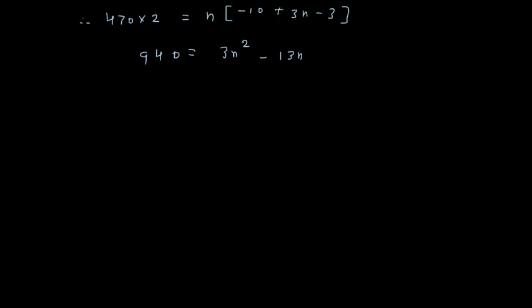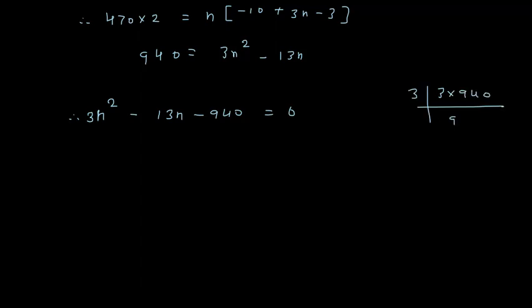Therefore 3n square minus 13n minus 940 is equal to 0. So 3 into 940, when we divide, we get 940 here. Again with 2 we can divide.